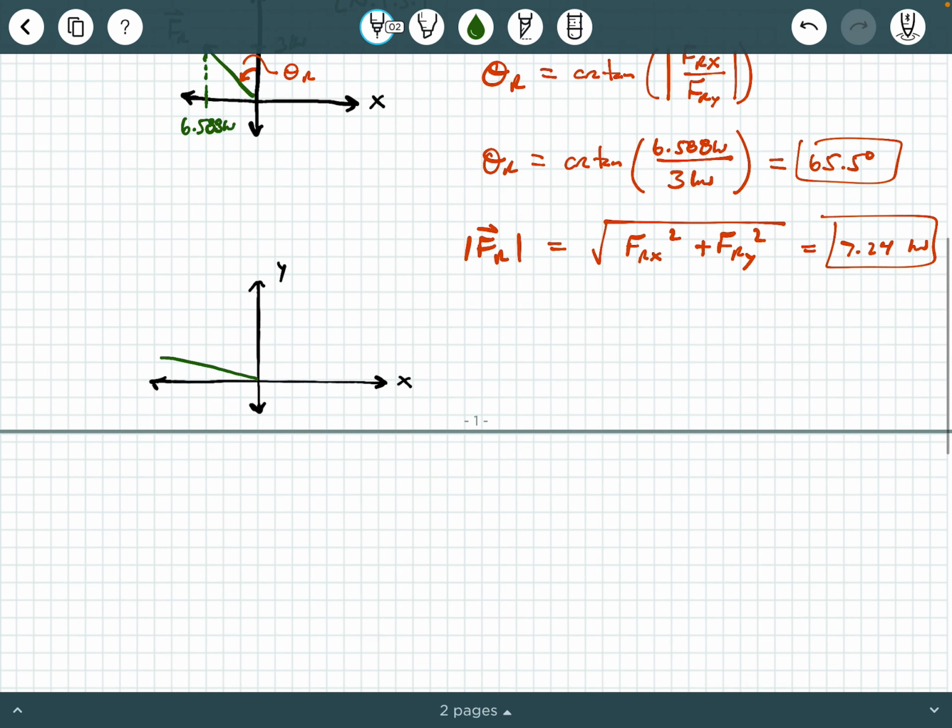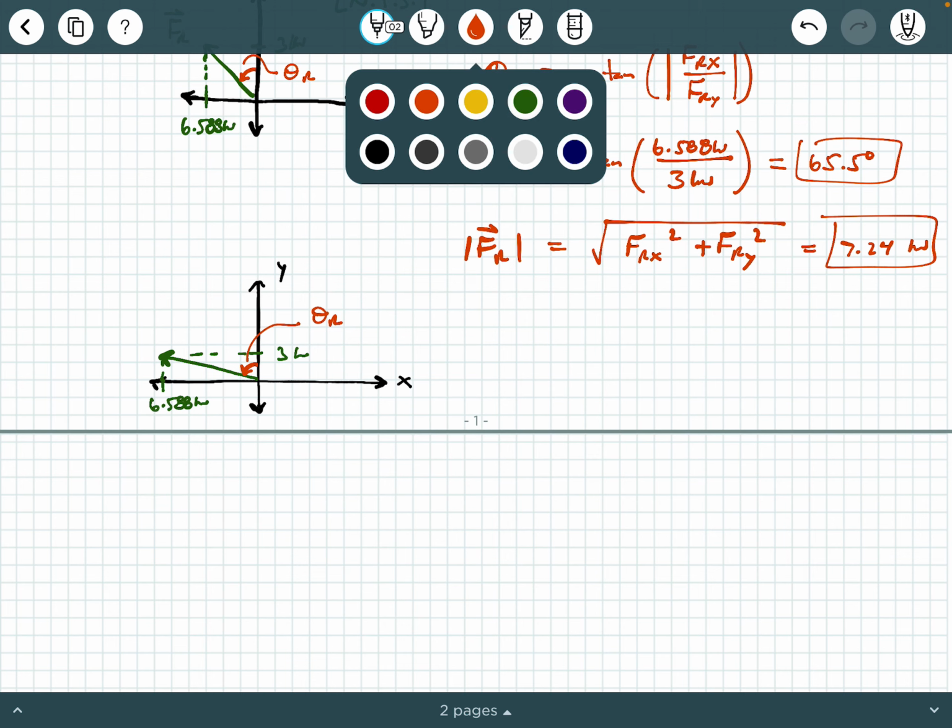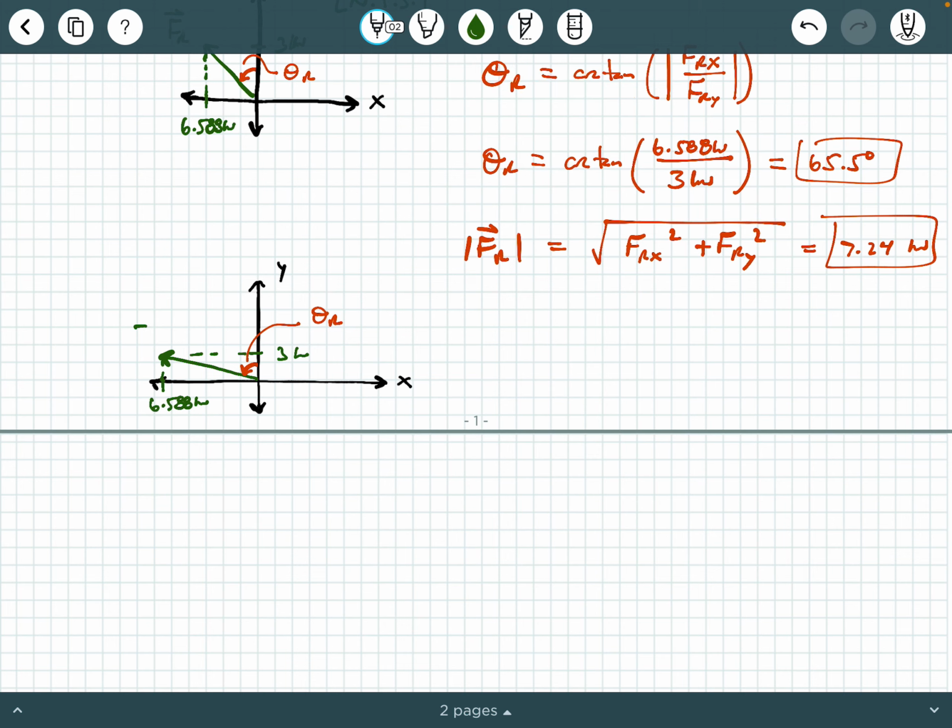It would look a little bit more like this: 6.588 kilonewtons, and this is about 3 kilonewtons, and here is my theta sub r. And just for labeling purposes, we'll say 7.24 kilonewtons there.